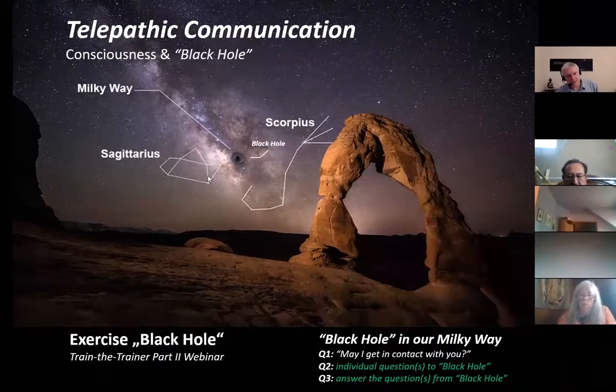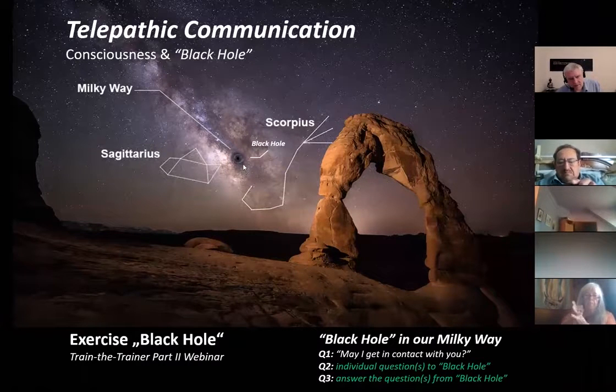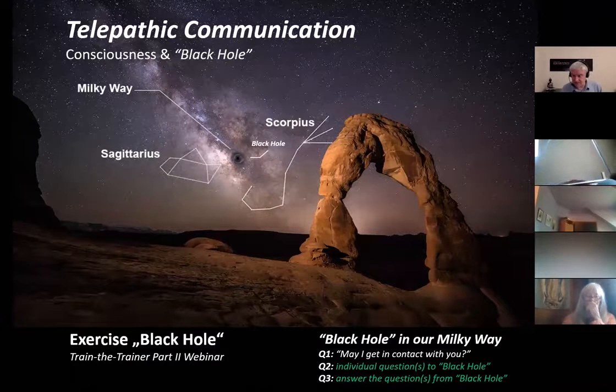And you see those two star constellations, Sagittarius and Scorpius. And you see here in the darker part with the dust, the center of our Milky Way, this star here, and in a kind of triangle between this edge of Sagittarius and this star is the galactic center with the black hole, which we will contact in a minute.